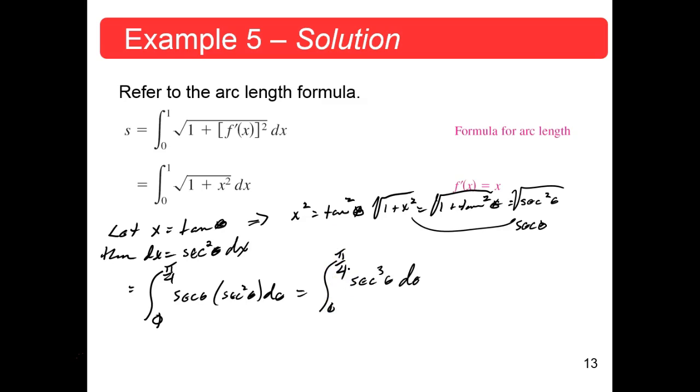All right. Now, are we going to have time to do secant cubed theta? I think this is the reason they gave us the other one. But if you'll go back to secant cubed theta, to our rules, where were our rules?